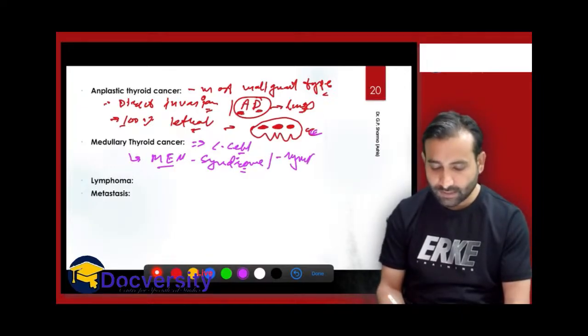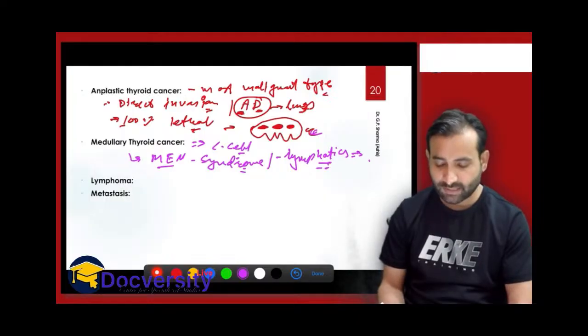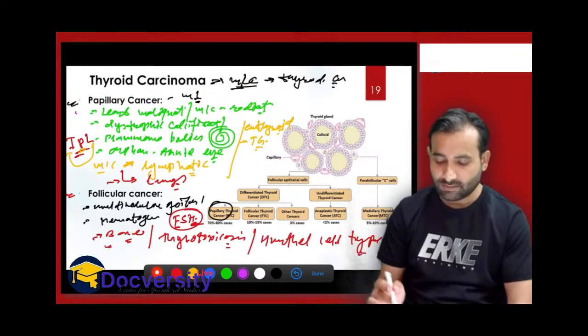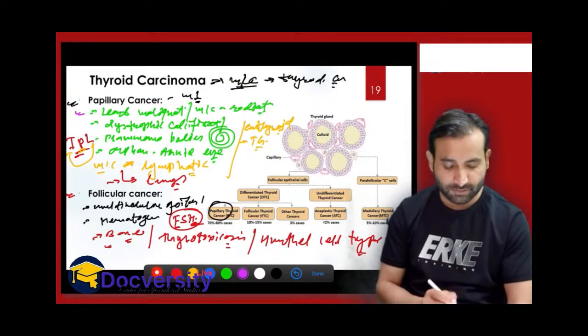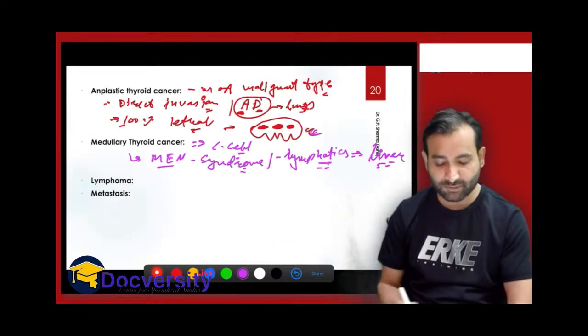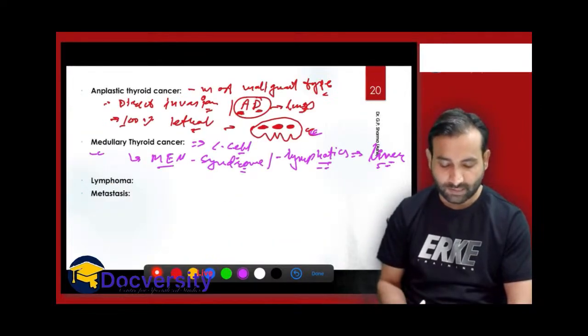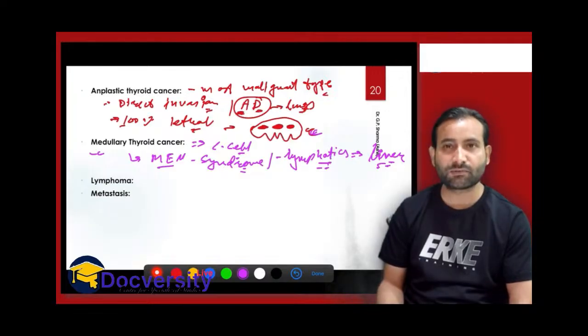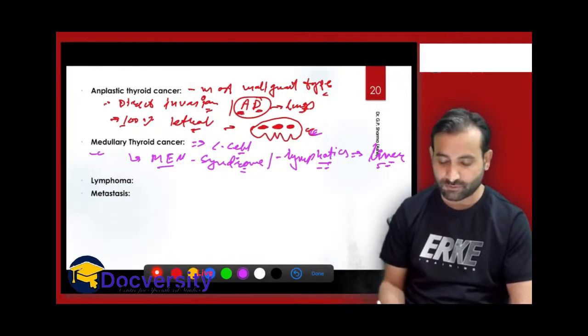And it metastasizes through the lymphatics, and commonly it goes to the liver. So see, it's quite different, right? The papillary also has lymphatic metastasis, but it goes to the lungs. But the medullary thyroid carcinoma also metastasizes to the lymphatics, but it goes to the liver. So please remember this one.